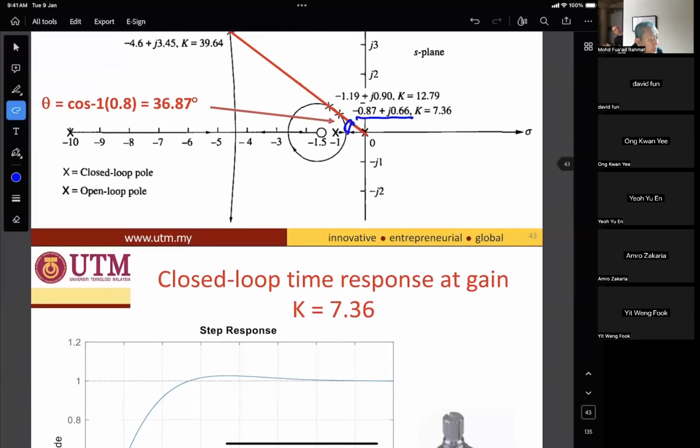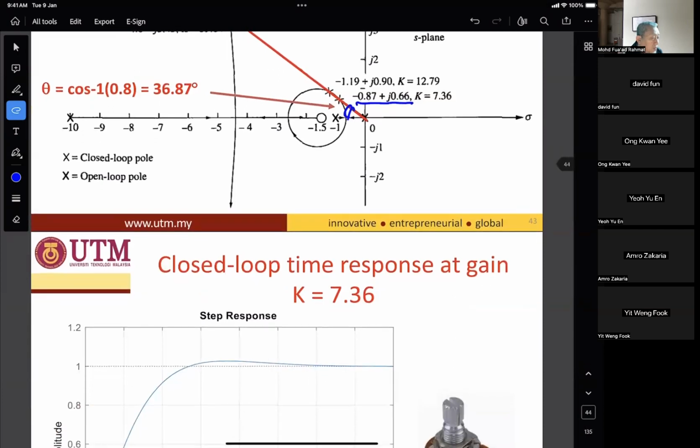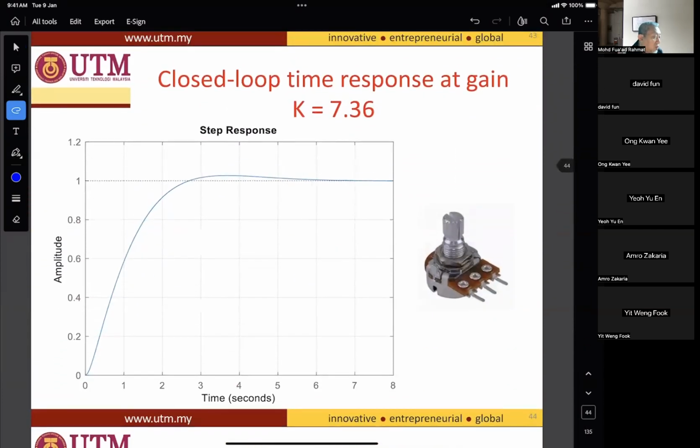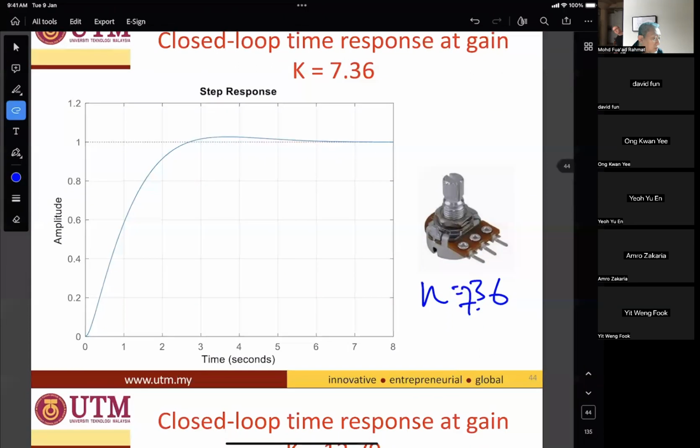So we check one by one. When the gain is equal to 7.36, we adjust the potentiometer so that it gives you K 7.36. Then you can see that the response is now a little bit faster compared to K equal to 1.